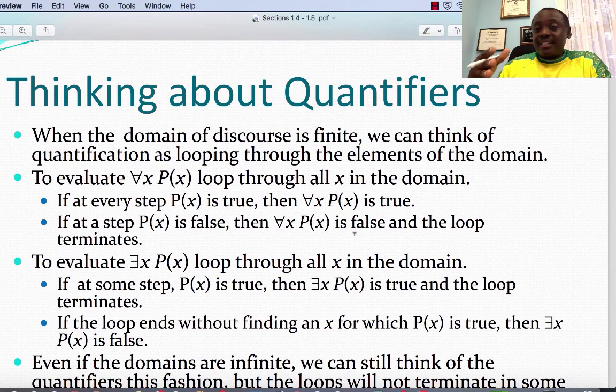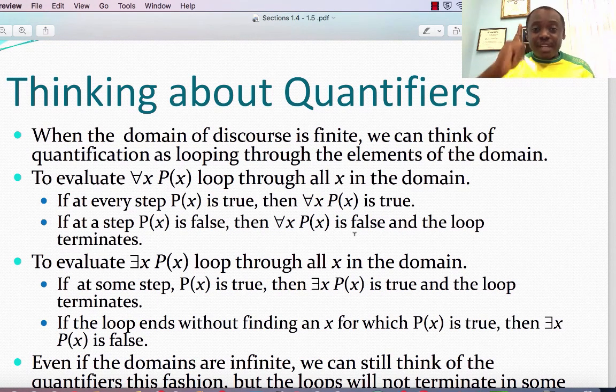For there exists x, p of x, you look through the elements in the domain, but you really do not have to go through all of them. If you find even one element that satisfies the property p of x, you stop right there, you're done. Whereas in the universal quantifier, every single element had to satisfy p of x.